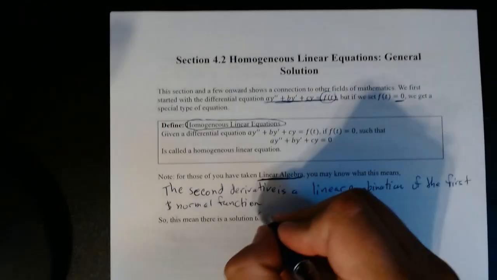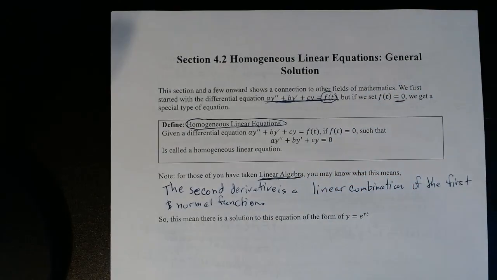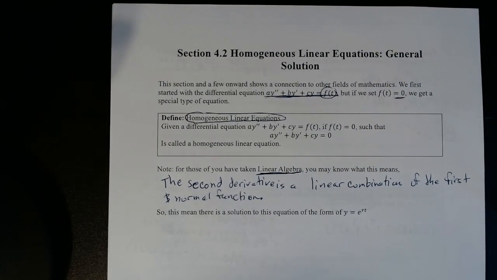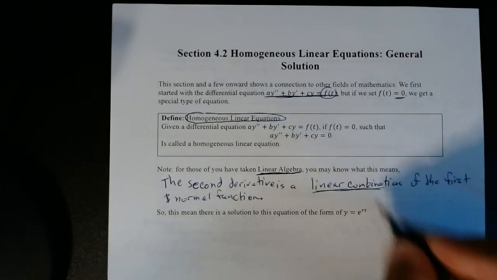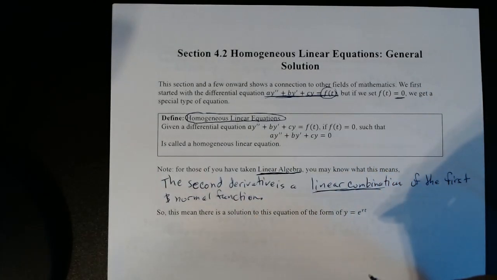If you've taken linear algebra, you understand what that represents, but if you don't, you'll eventually know what that really means. Linear combination means they're linearly independent, and we'll talk about that as well in this section.